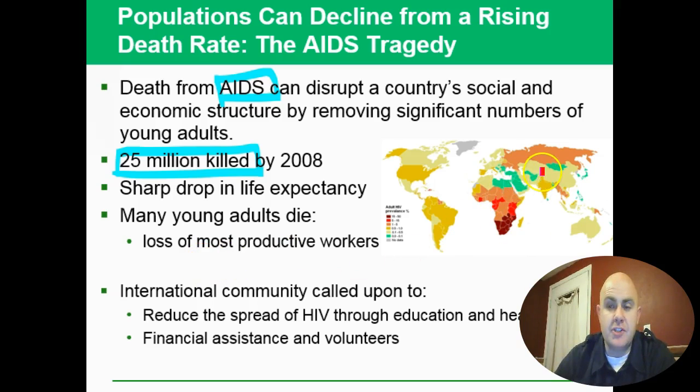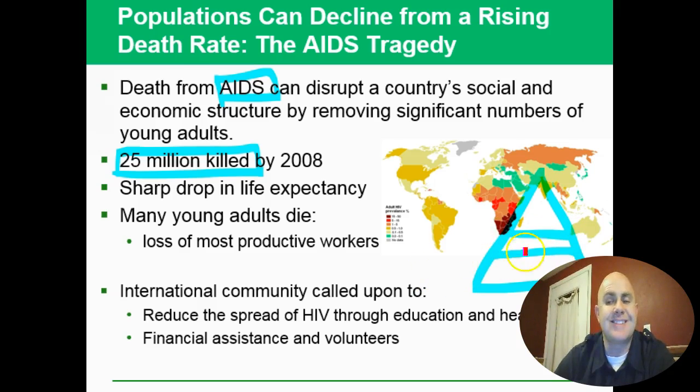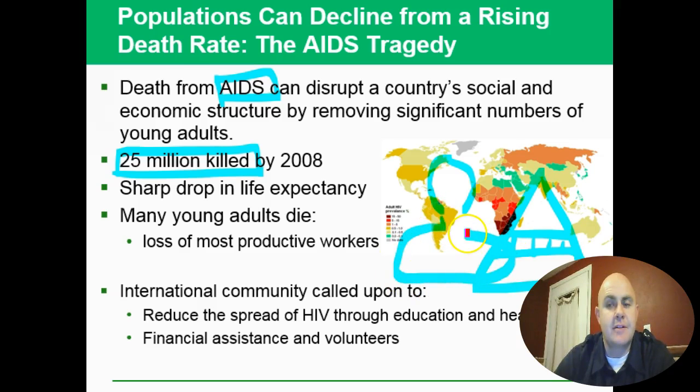The normal population distribution in Africa is a pyramid like this. But what we're doing is we're having lots of people that are in their reproductive years getting AIDS and dying. And what it's doing is it's taking the center of that pyramid and it's cutting it out. And so you might have a population in Africa that looks like this, where there's no people in this middle section.